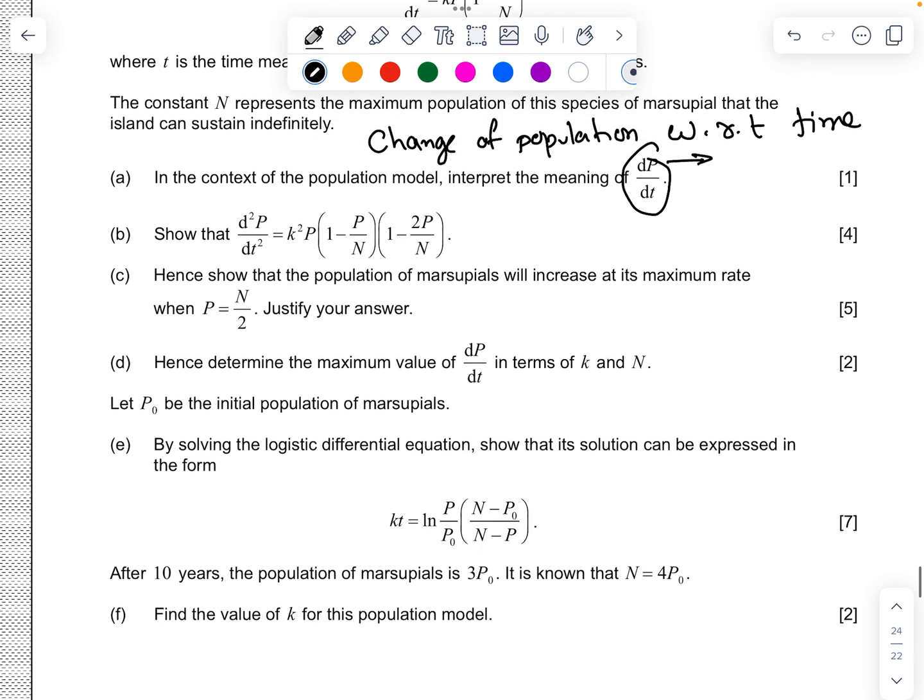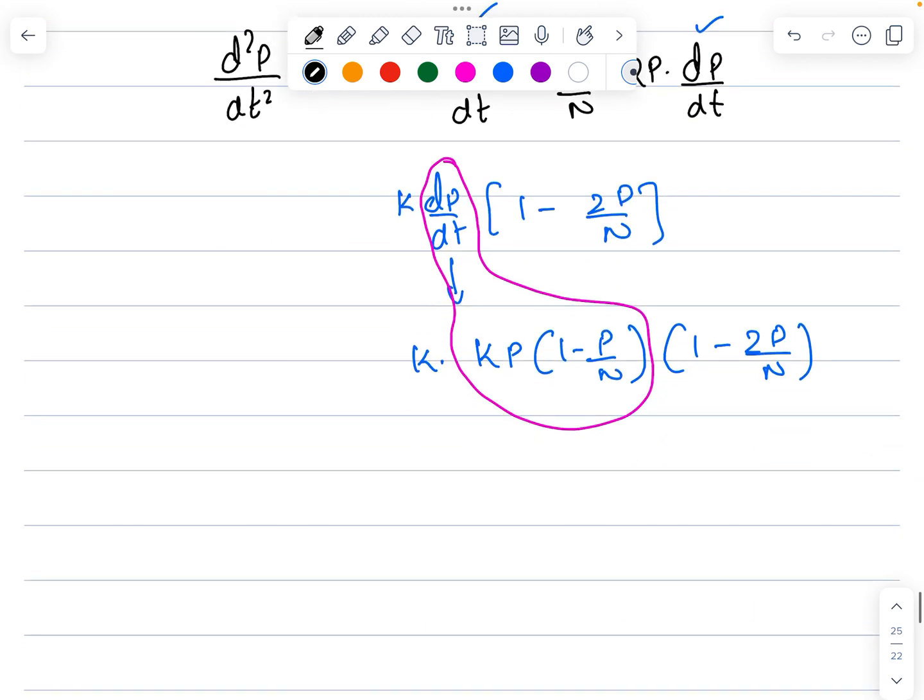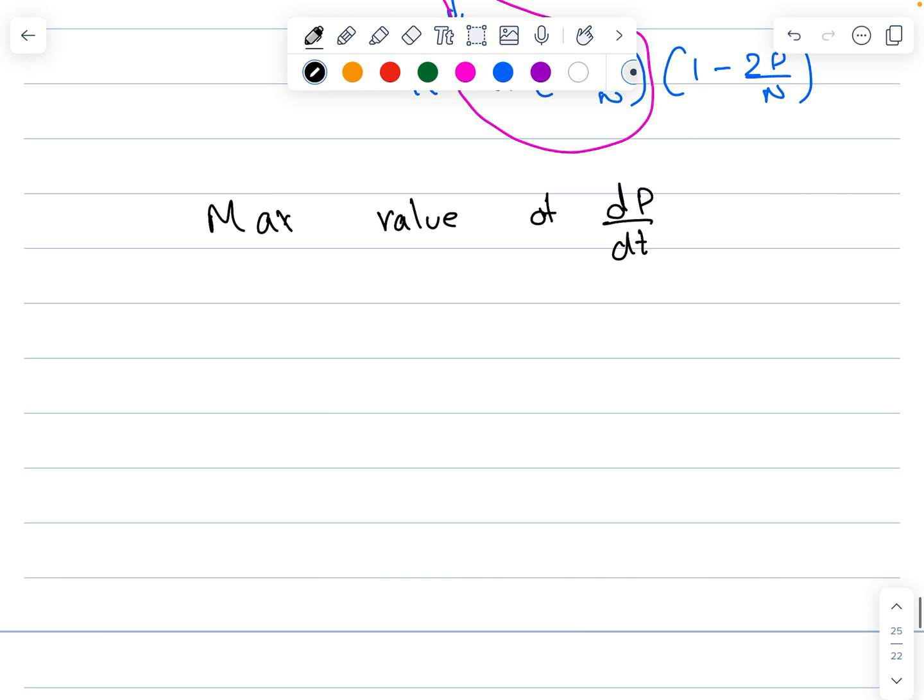Hence show that the population of the monosphere will increase at a maximum rate when p equals n upon 2. Justify your answer. Increases at a maximum rate means we have to find the maximum value of dp upon dt. Maximum value of dp upon dt means its derivative should be equal to 0.